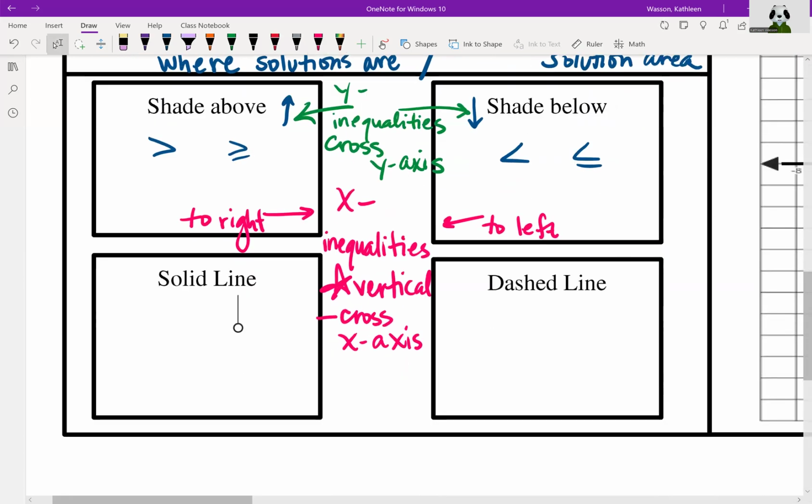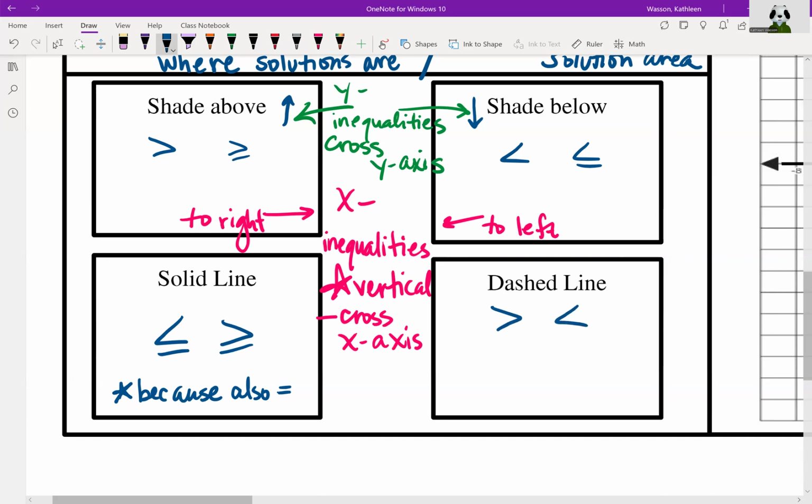We'll draw a solid line when you have less than or equal or greater than or equal. It's because of the equal. And we'll use dashed lines when you have greater than or less than with no equal.